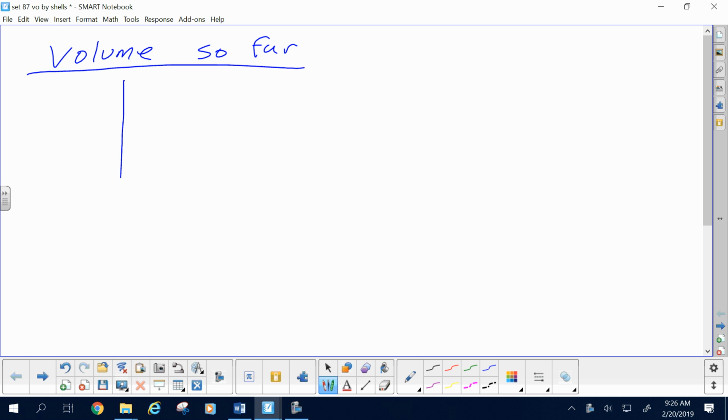So far, you've talked about two kinds of volume. If you have a region like that, and you were to revolve it around the x-axis, using x as a variable, then think what a rectangle would look like.